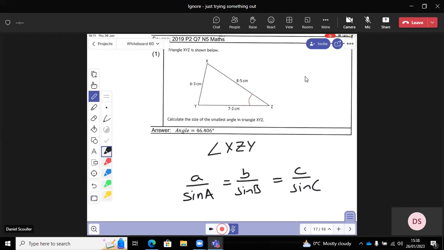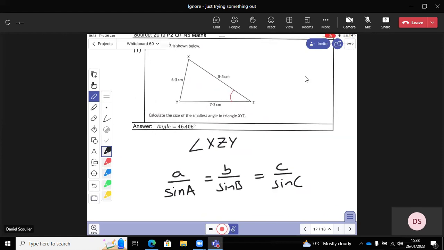No. We need at least one other angle that we can determine to be able to use it.